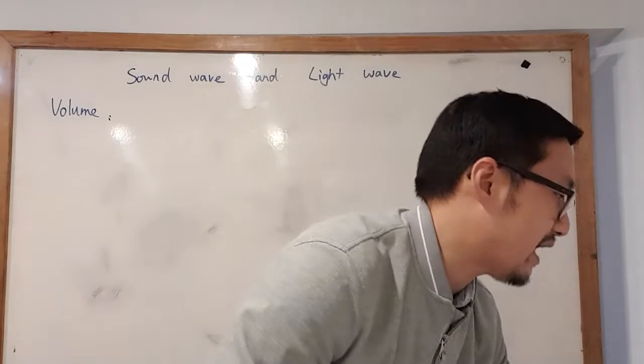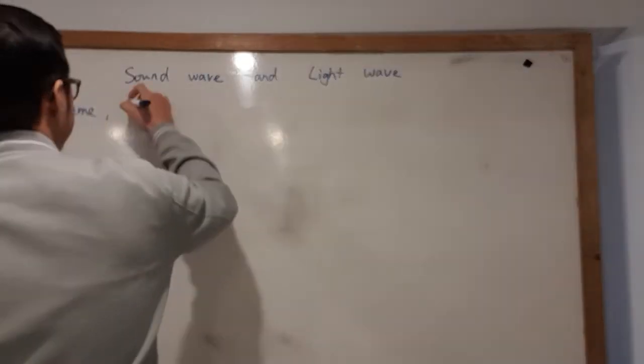Let's hear it again. You can see the second volume is much bigger. What did I make the difference? The only difference that I made was the amplitude. I had a small amplitude compared to a big amplitude, right? So the volume is actually dependent on the amplitude of the sound wave.